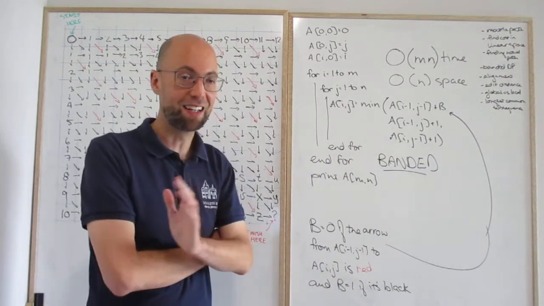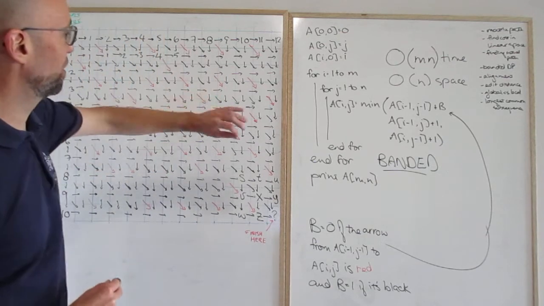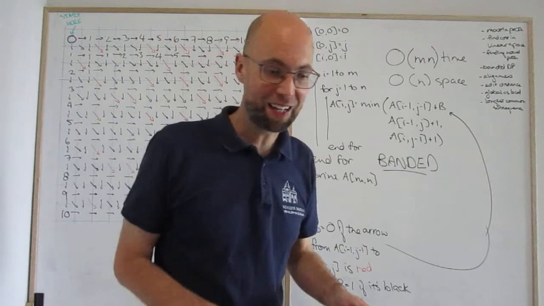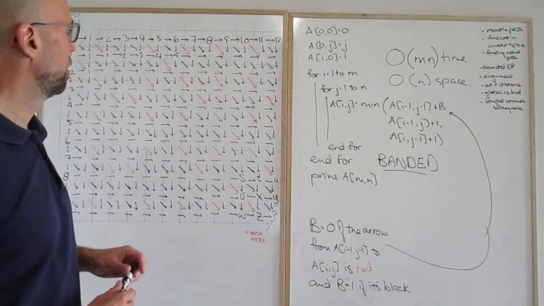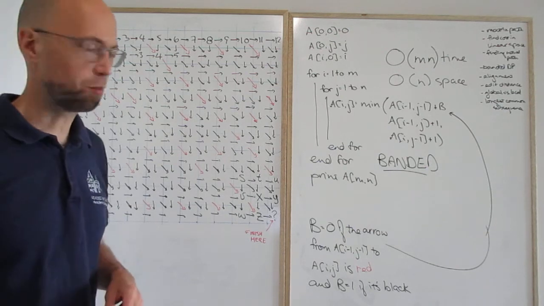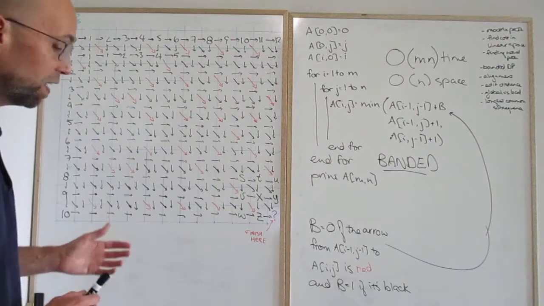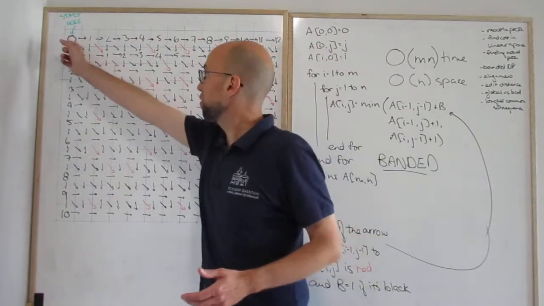No, it's like, this would be more like a video game. There could be a bandit wandering around in the matrix. No, banded. Other people maybe have other names for this, but this is what I've heard it called. Okay, so the idea is, suppose I ask you to go from here to here.